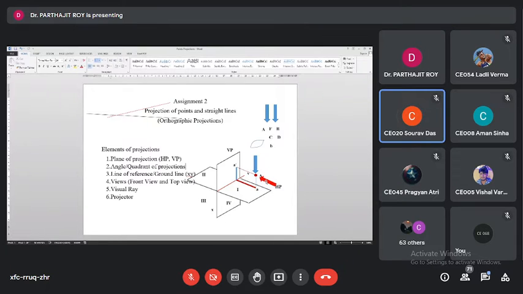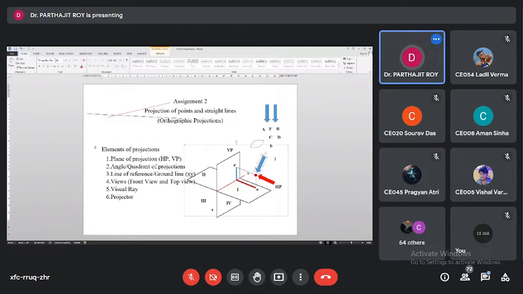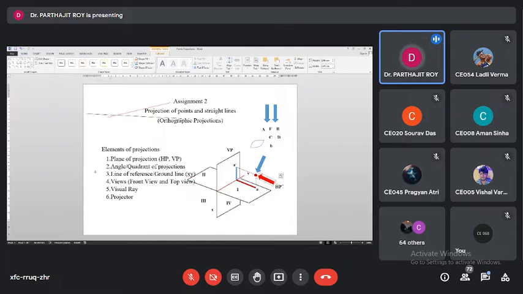Yes sir. Okay. Now just imagine, if your direction of arrow is like this, or in case of this one also, what do you think?